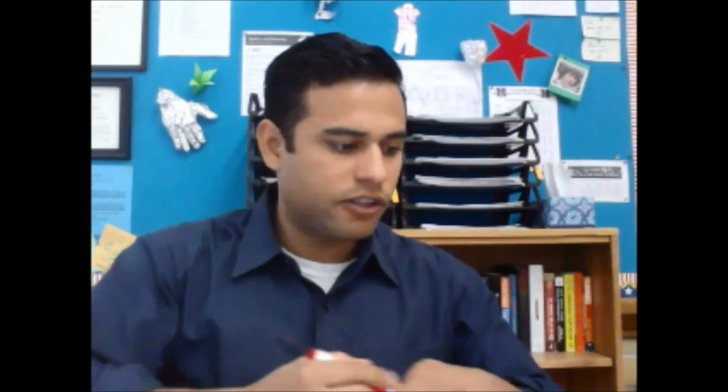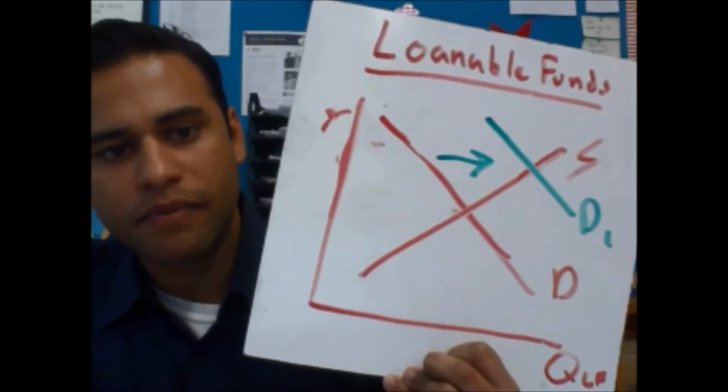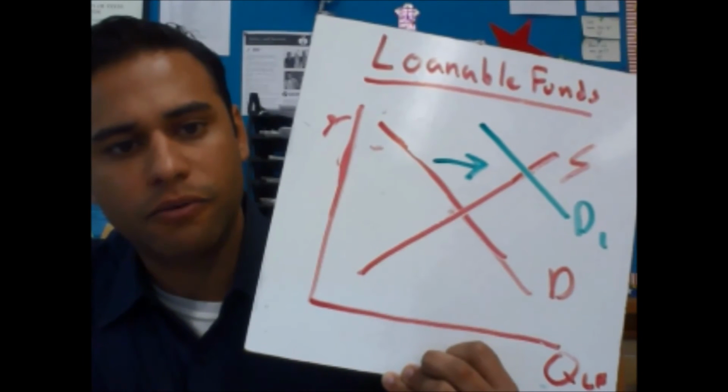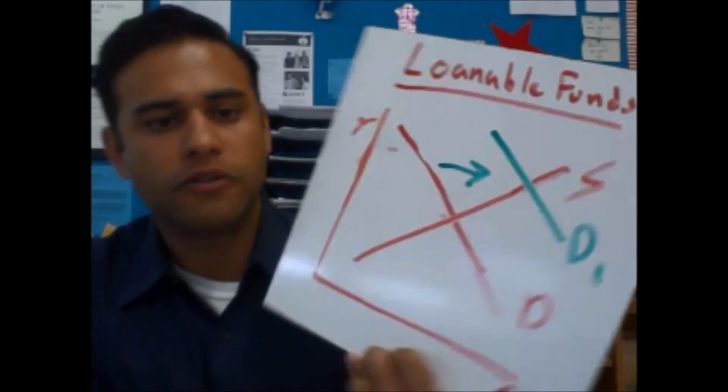So the government borrows money to spend during expansionary fiscal policy. And that is an increase in the demand for loans. So fiscal policy looks like this on the loanable funds graph. Expansionary fiscal policy is an increase in the demand for loanable funds because the government is demanding more loans.